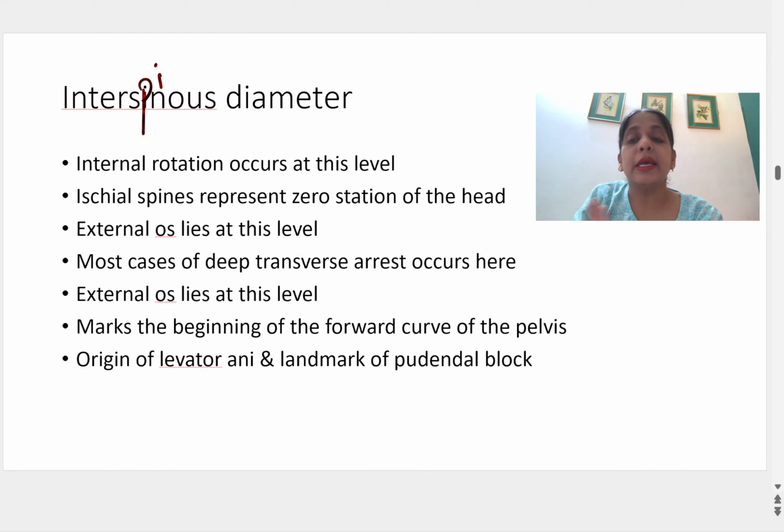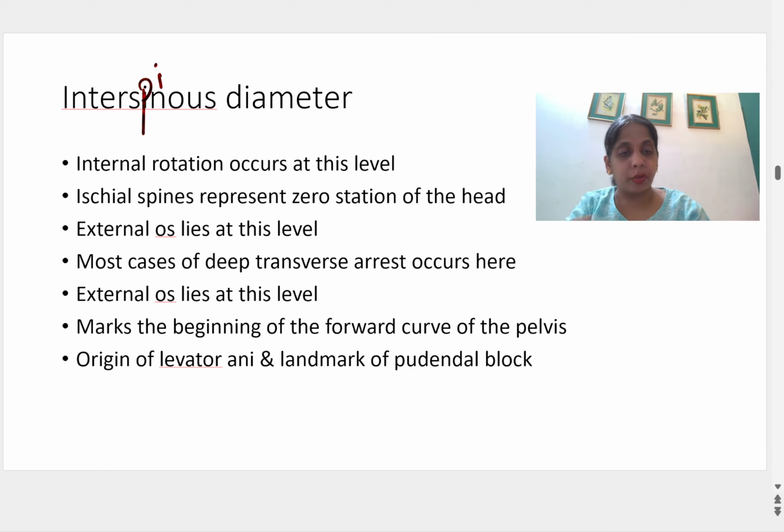Next is this ischial spine. If the head has come to the ischial spine level, it means it is at 0 station. If it is 1 centimeter above, it is known as -1. If it is below the ischial spine, then it is known as +1 centimeter or +1 station.